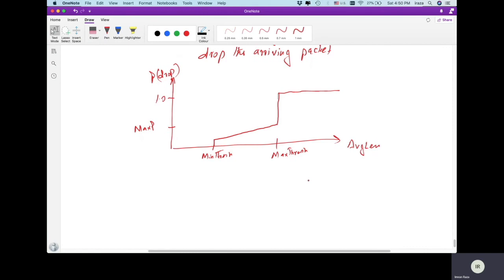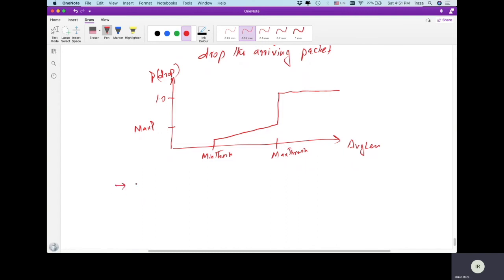So though we are representing the probability of drop as a function of average length, the situation is actually a little more complicated, right? Because P is a function of both the average length and how long it has been since the last packet was dropped. So it's more complicated than this simple representation.